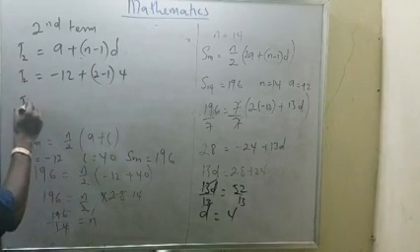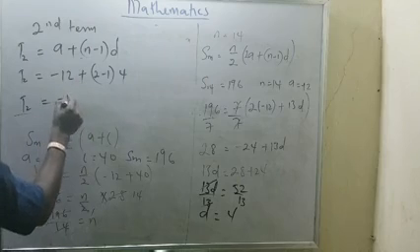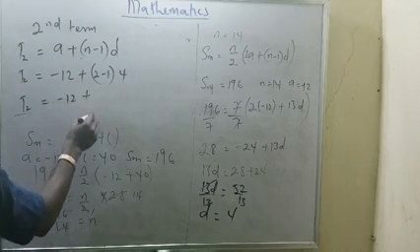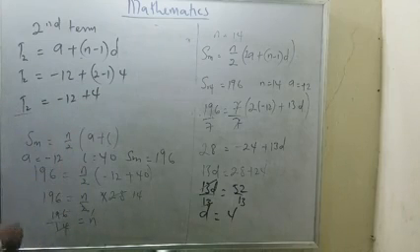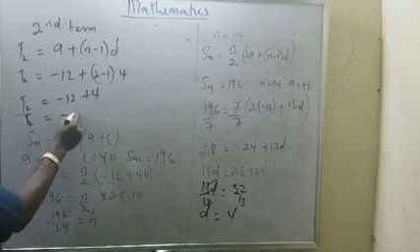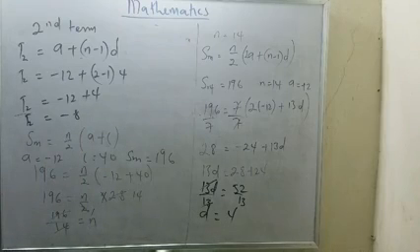Now, T of 2 equals minus 12 plus 4, which is minus 8. My T of 2 is minus 8.